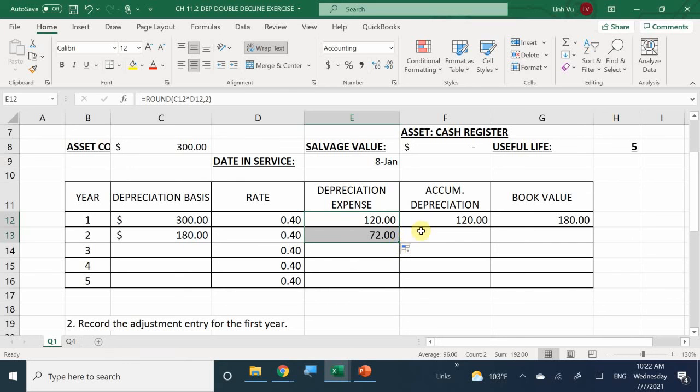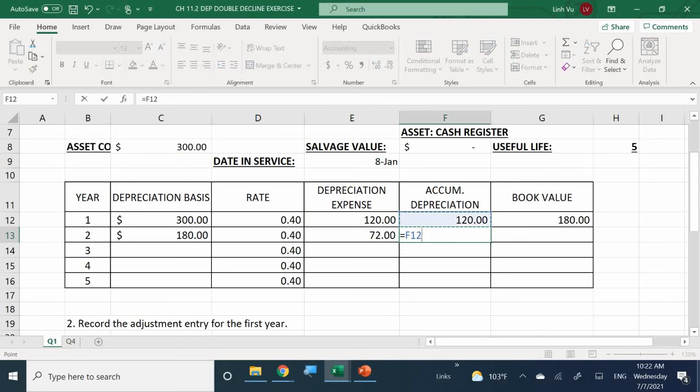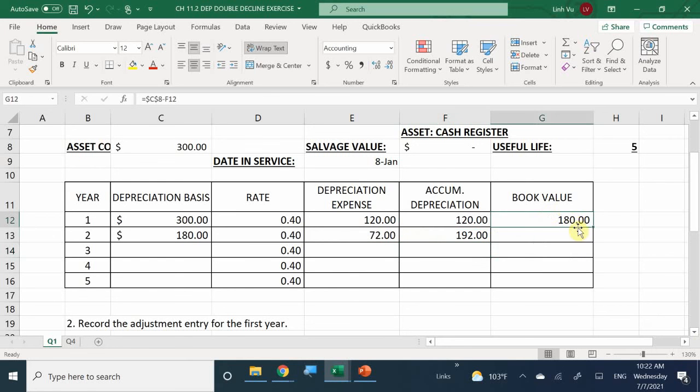Good. So therefore, what is going to be my accumulated depreciation? 192, which then brings my book value to be 108.